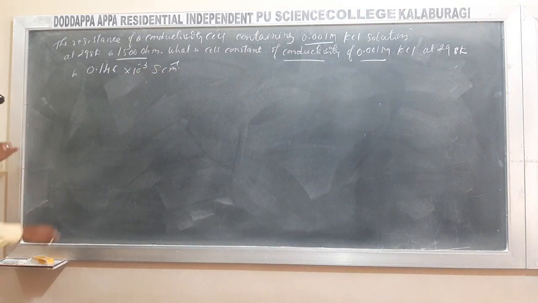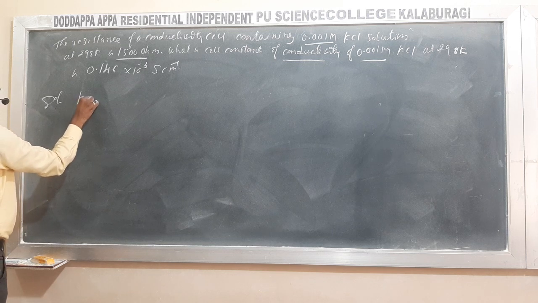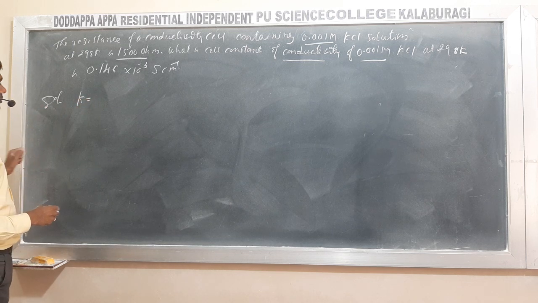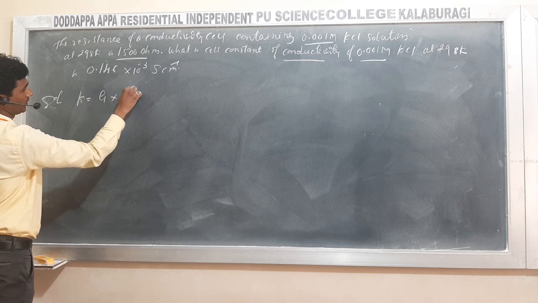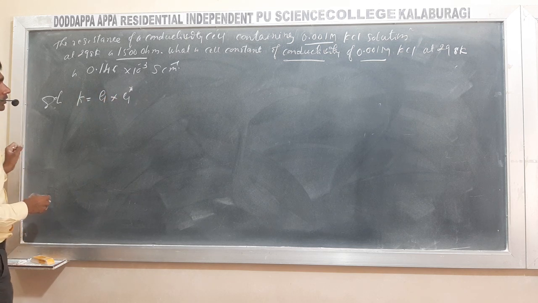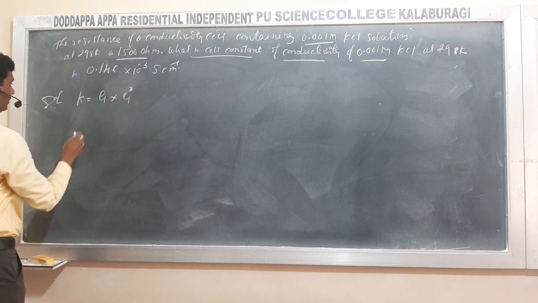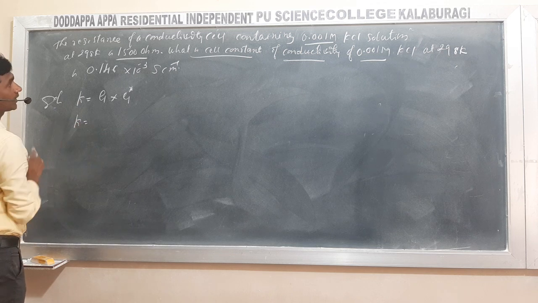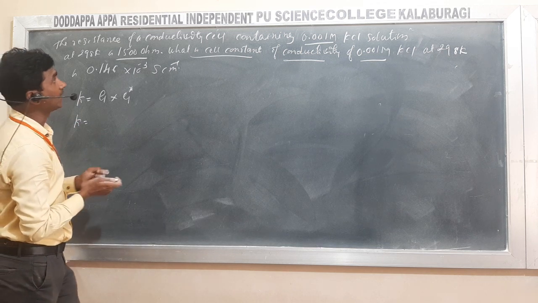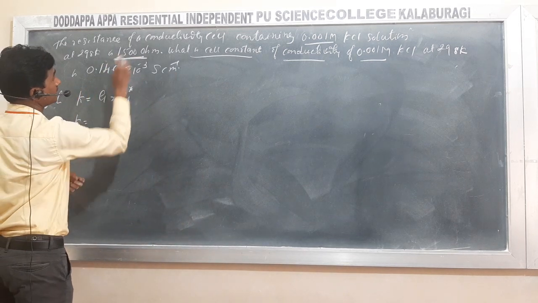You know the expression for conductivity: kappa is equal to G into G star. Here you have to find out the cell constant. G is called conductance. Conductance is not given, but resistance is given.